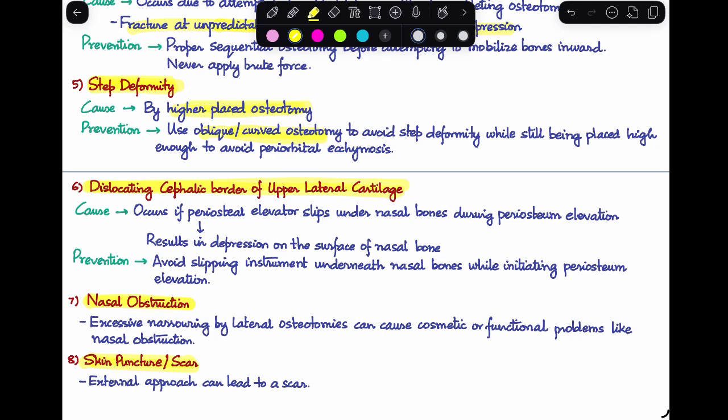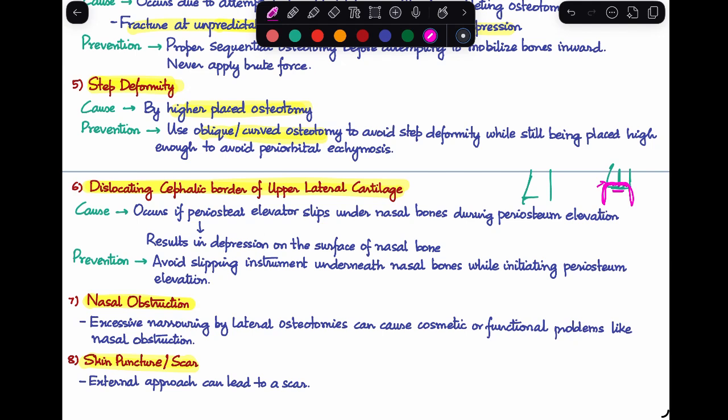Next complication is dislocating the cephalic border of the upper lateral cartilage. If you remember the anatomy of the nose again, if this was the nasal bone, next lies the upper bony cartilaginous wall, which is the upper lateral cartilage. I remember saying that the cephalic border of the upper lateral cartilage actually does not lie at the junction. It rather lies at a level above, behind the nasal bones.